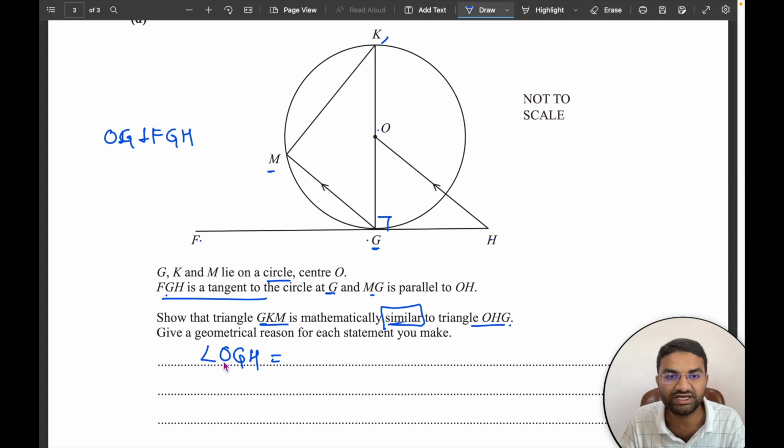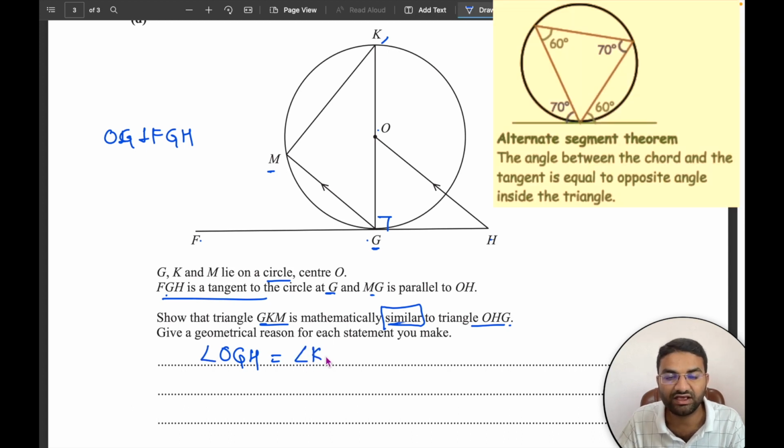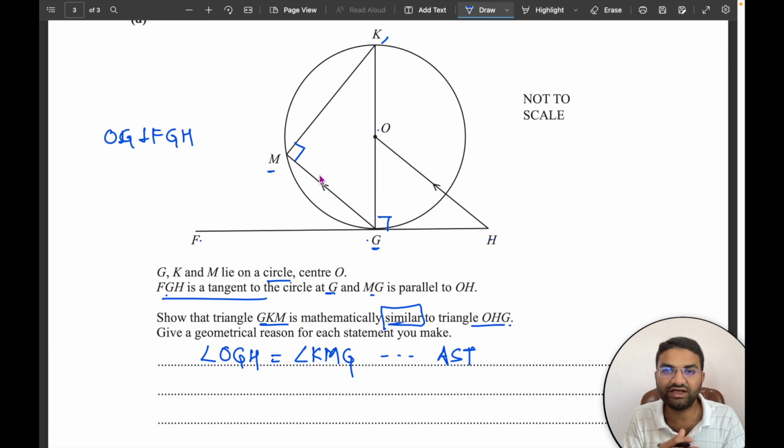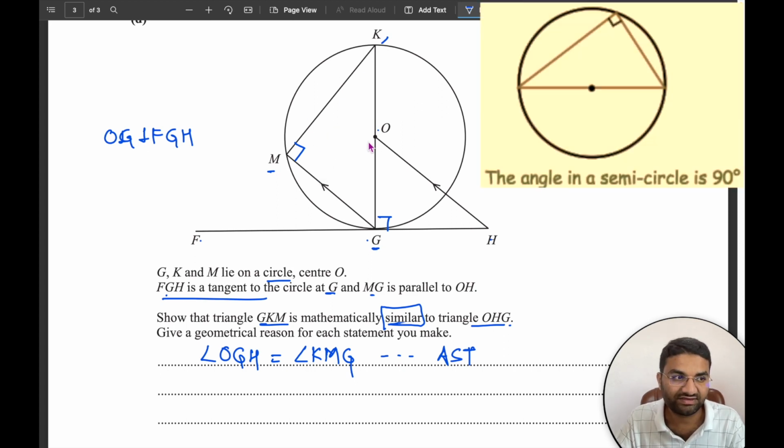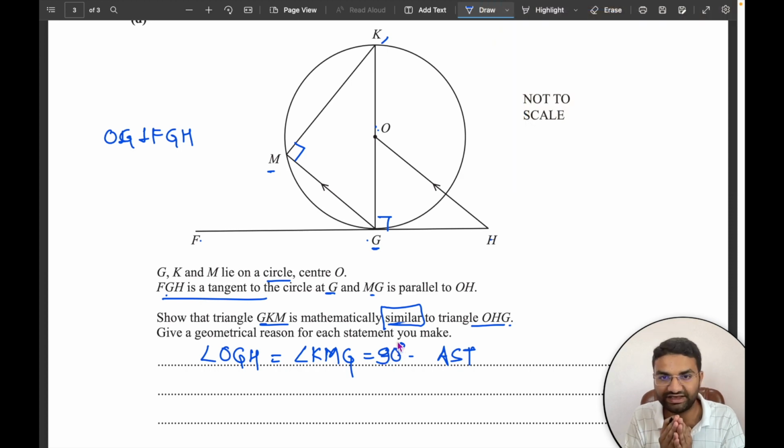So angle OGH is equal to angle KMG. Why? Because this is the alternate segment theorem. Another theorem we can use here is that the angle in a semicircle is 90 degrees. That's why this OGH is 90 degrees. That is also how you can explain it.